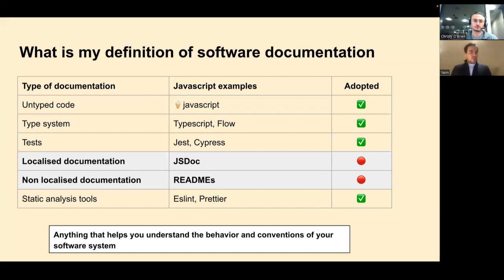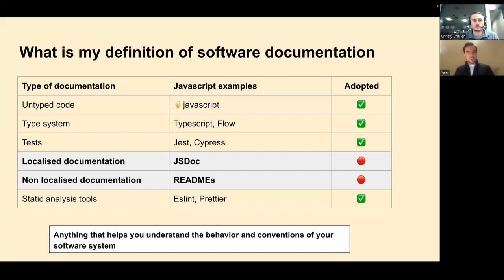Then moving on, the localized documentation. What do I mean by localized documentation? Well, it's typically what you add above functions, methods, and classes. The JSDocs that tell you a bit more about a given function or method or anything really. And it's localized because it's close to the thing that it's documenting, hence the name.